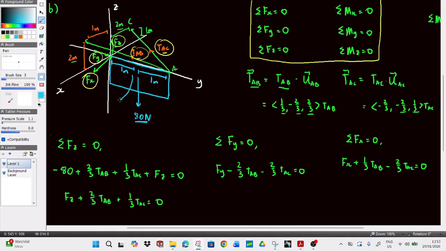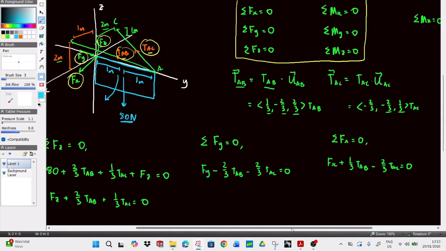The signboard will experience a moment along the x-axis, which is obviously going to be rotating clockwise. So that's negative. If you use your right hand rule, it's negative.